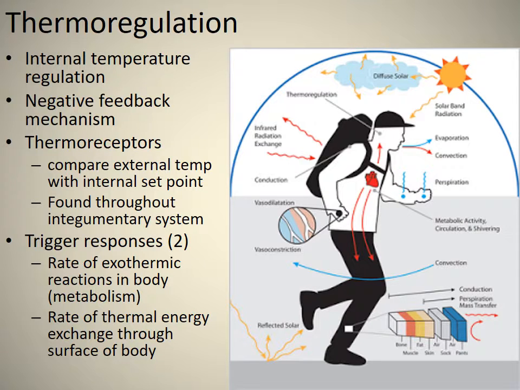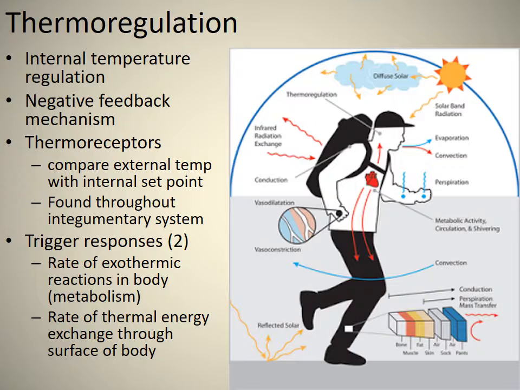All right, there are two very important homeostatic mechanisms that I'd like to talk about. The first one is thermoregulation, and the next one is water balance, or osmoregulation. Thermoregulation is how our body maintains an internal temperature.